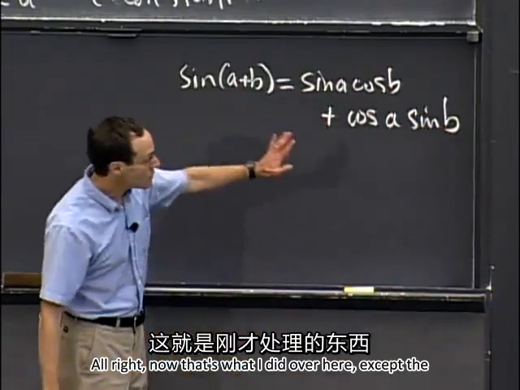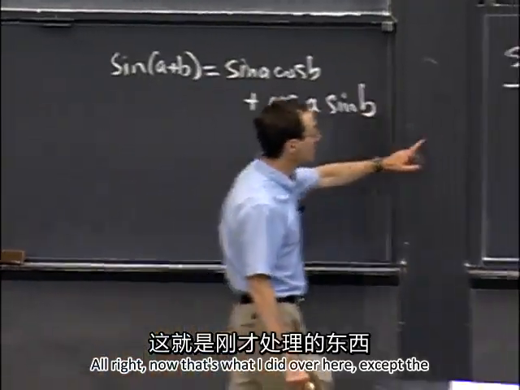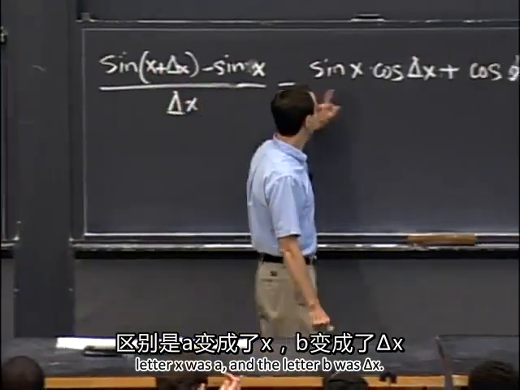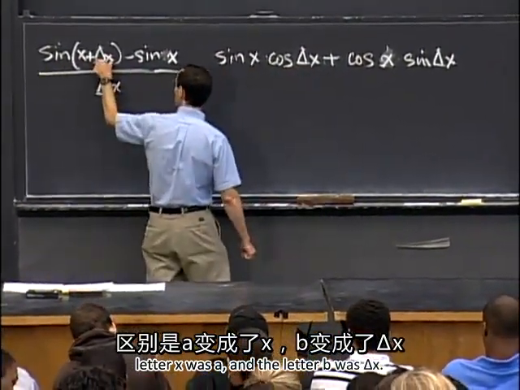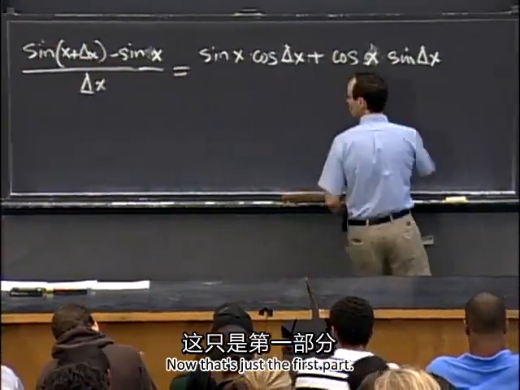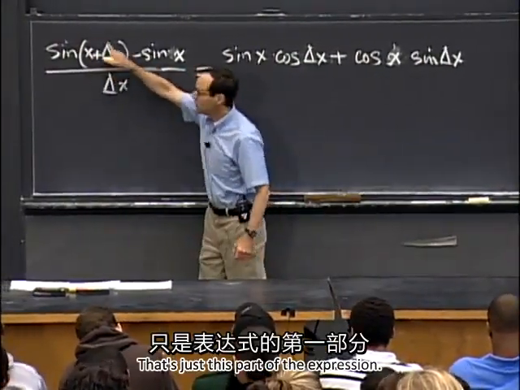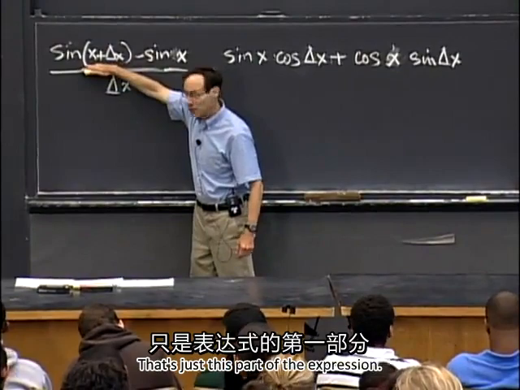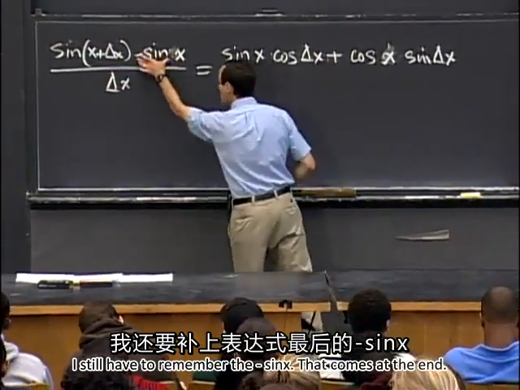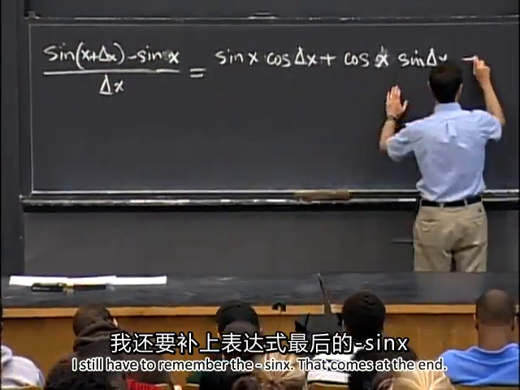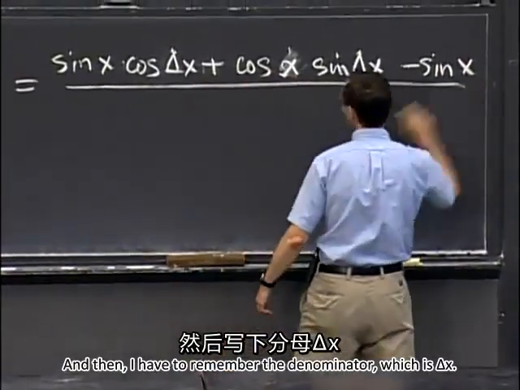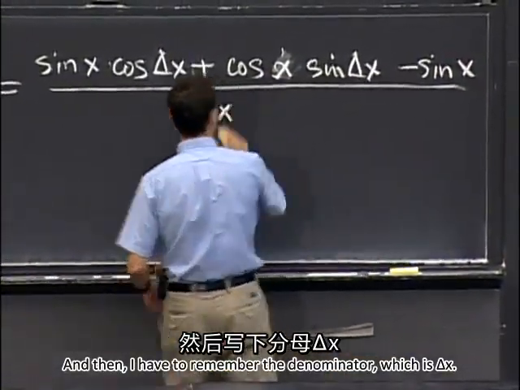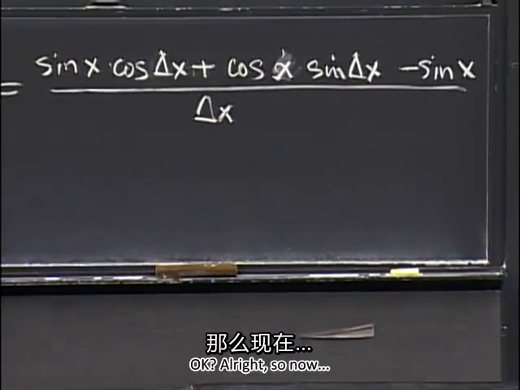Now that's what I did over here, except the letter x was a, and the letter b was delta x. Now that's just the first part of the expression. I still have to remember the minus sine x, that comes at the end, and then I have to remember the denominator, which is delta x.